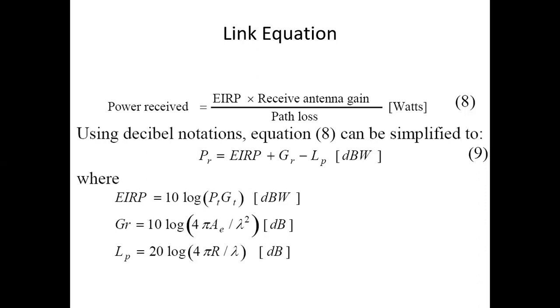I mean, there is no way to have a second component of your signal. So just a direct LOS link. So you actually need to use the free space equation, which is the simplest form for all of our wireless links. And that's why the PR will be just EIRP plus GR minus LP, where LP is 20 log 4 pi R by lambda. Okay, you know, it is simple.